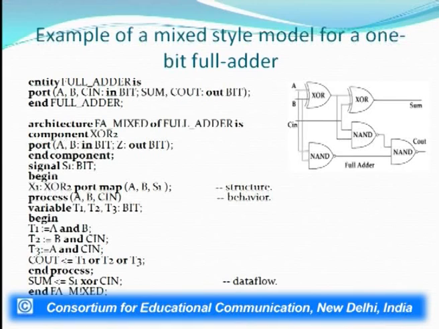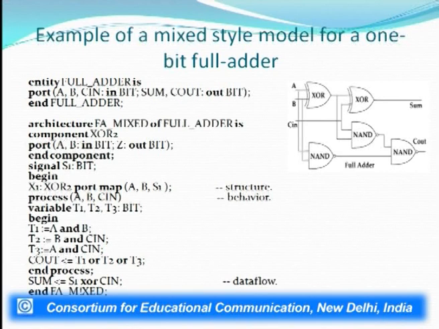So now what I have done is that by using structural programming, I have determined the value of S1. Using behavioral programming, I have calculated C out, and finally I am going to calculate sum, which will be given by S1 XOR C in. And finally, I am going to end my program saying end and the name of the architecture.